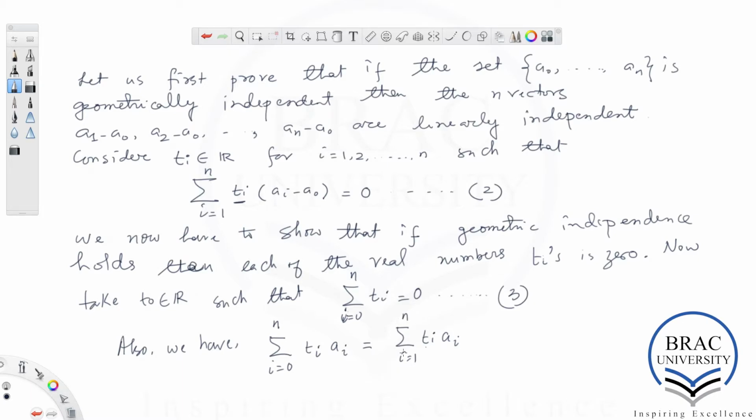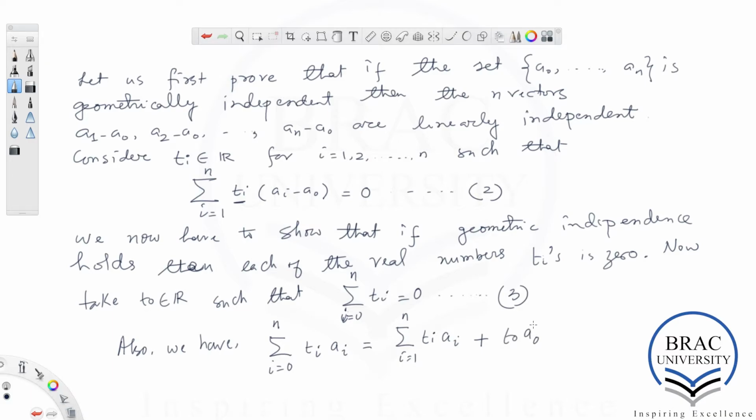So we separate the part corresponding to i equal to 0. We extract that part from this summation, and that gives us this plus T0 A0.